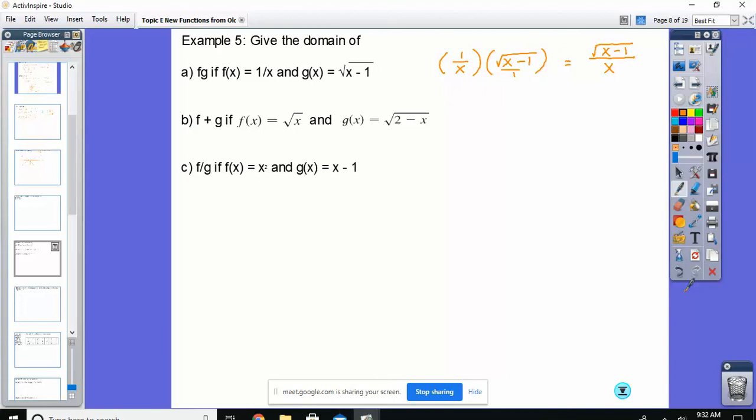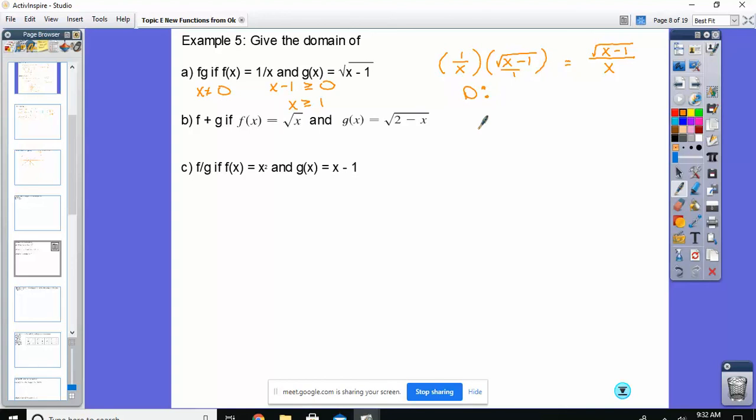So if I need to find the domain of this, there's two issues. First of all, I know that since x is on the bottom, x can't equal what? 0. I also know because I have a square root, whatever is under my square root has to be greater than or equal to 0. So if I add my 1 over, x is greater than or equal to 1. I need to put those together into the most concise domain that I can.